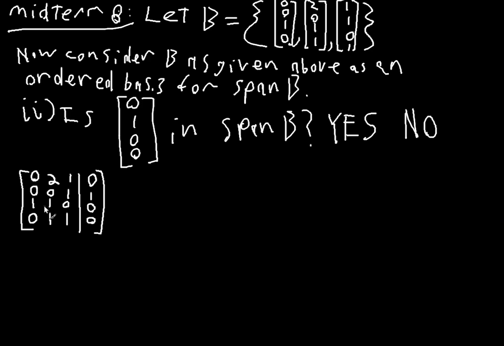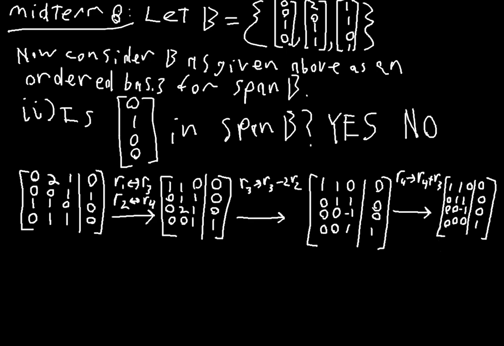We set up the augmentation where the coefficient part has columns equal to the vectors inside B, and then we put this vector on the right. All we have to do is put this in row echelon form to figure out if it is in the span, so we go ahead and do that real quick. Here are the computations. We get this matrix over here, which is the row echelon form of the coefficient part.